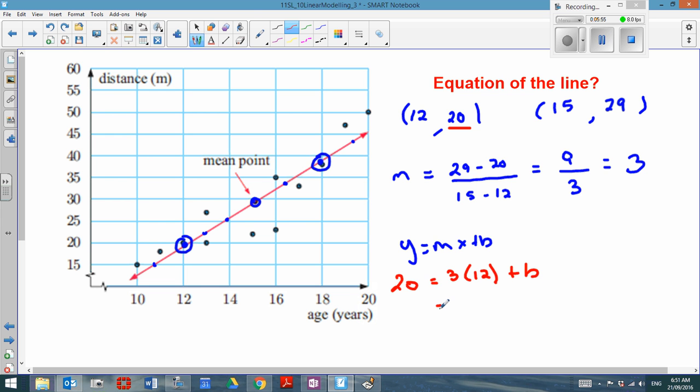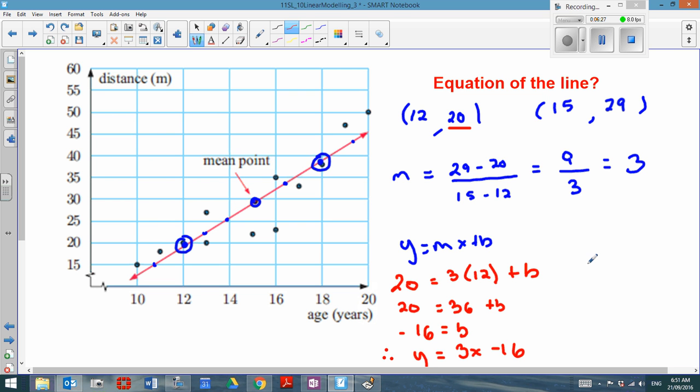So 3 times 12 is 36, plus b equals 20, so therefore b is going to be negative 16. So our equation of the line is y equals 3x minus 16. If this line continued, it would dip past 0, and it will hit the y-axis at negative 16. All right.